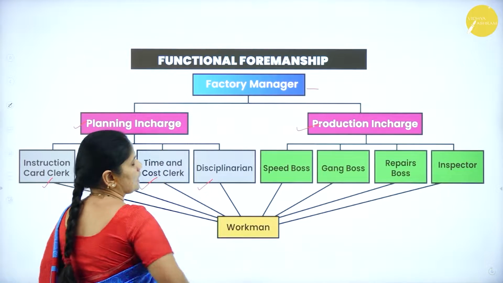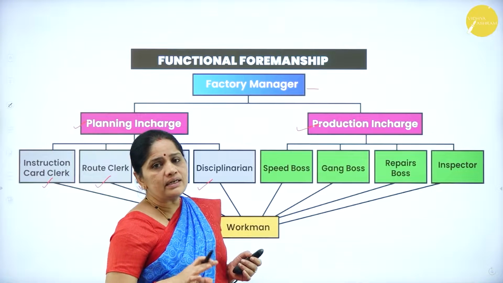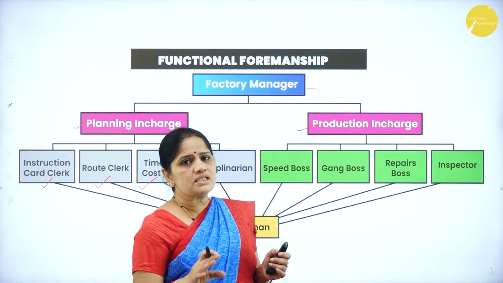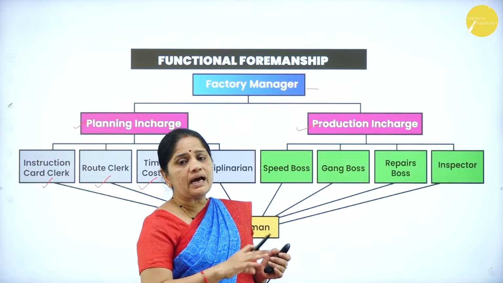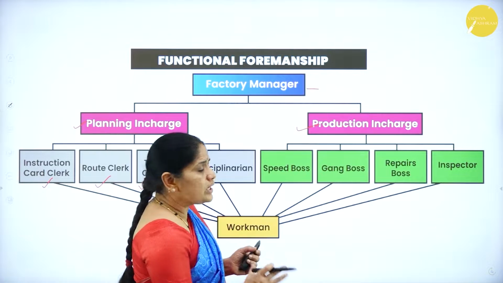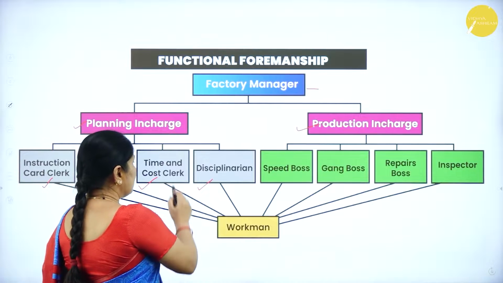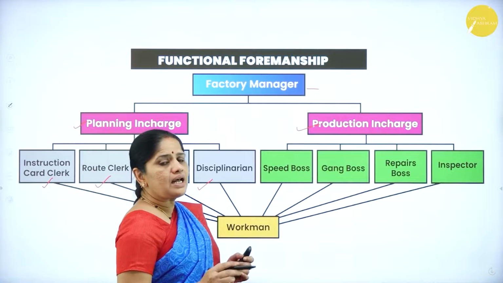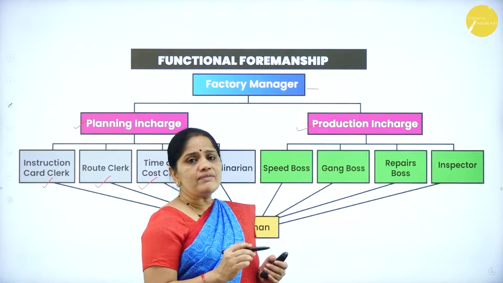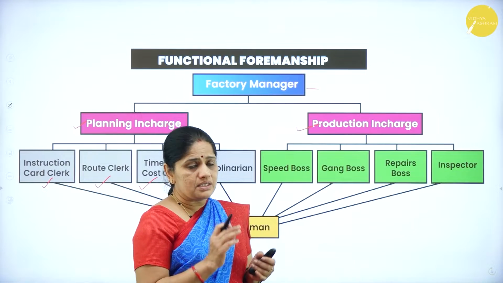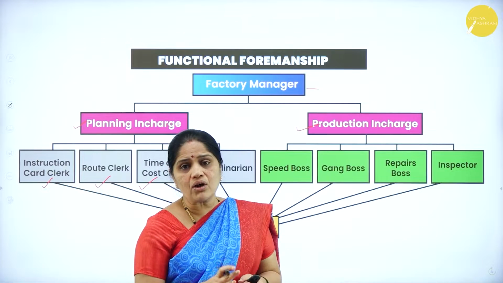Then the route clerk. The route clerk will decide the flow of men and materials, how the materials will go and how the work should be done. He will design the route for the work to be done. Time and cost clerk: he will be in charge of the time set for each job and the cost involved.